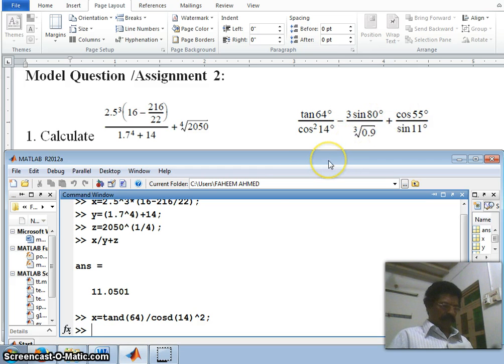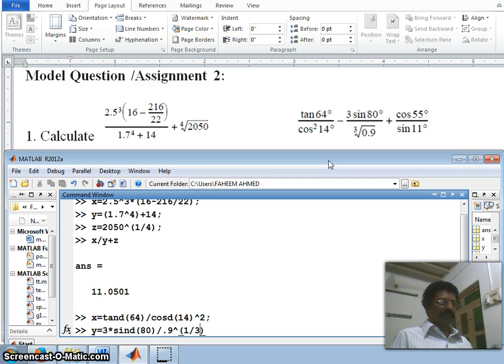Then the second term, y is equal to 3 multiplied by sind of 80 divided by the third root of 0.9. Therefore, 0.9 power 1 divided by 3.